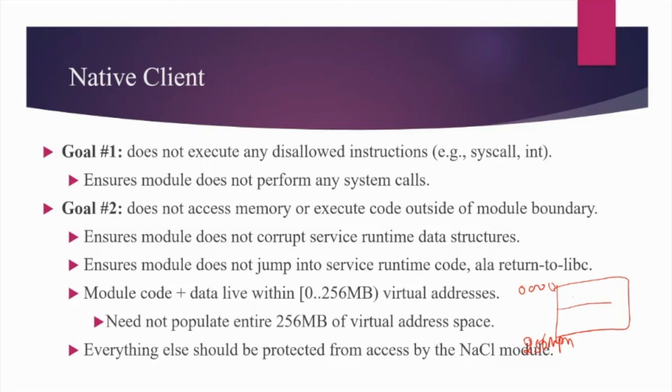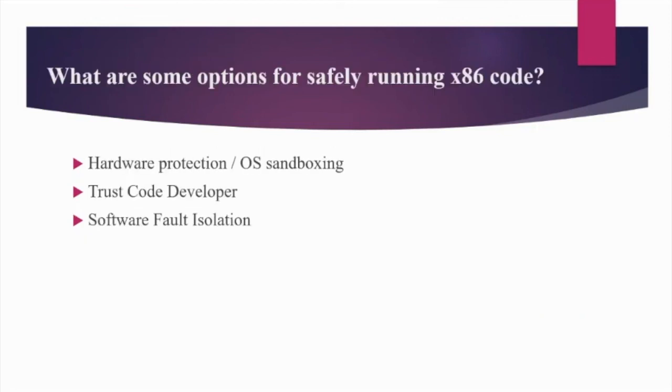So native client is only allowed to access this much memory area, and that too in a restrictive fashion, like no system calls allowed, no library routines allowed, etc. Right? So in this restrictive environment, they provide the C++ code to execute in the web browser. Okay, so this is what a practical example is all about.